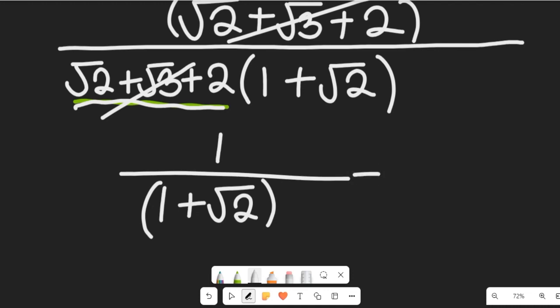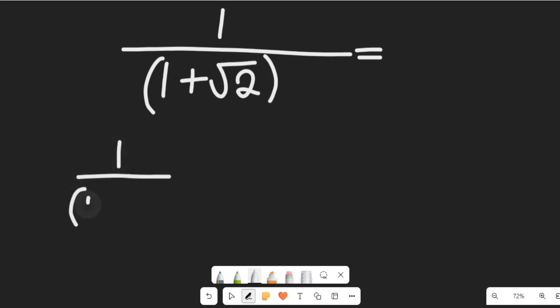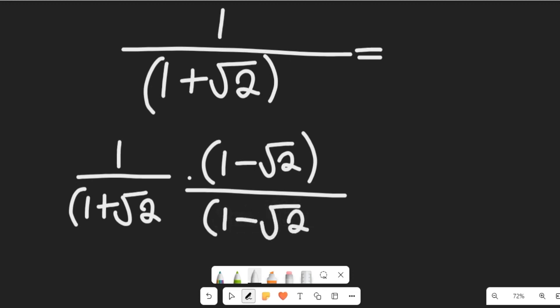But then we can still rationalize this expression by multiplying the numerator and the denominator. So we have 1 divided by 1 plus root 2 multiplied by 1 minus root 2, which is the conjugate of that denominator, all multiplied by 1 minus root 2, which is the conjugate of that numerator.